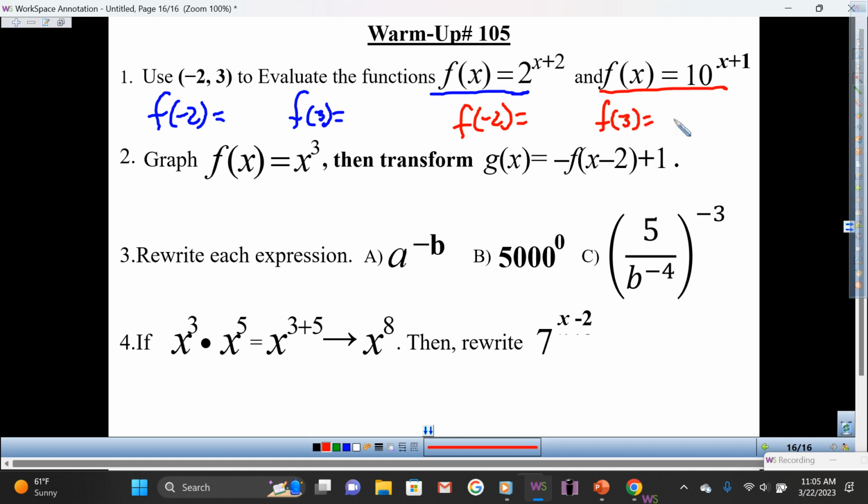All right, for the first function, f of x equals 2 to the power of x plus 2, what'd you get for f of 2 and f of 3?